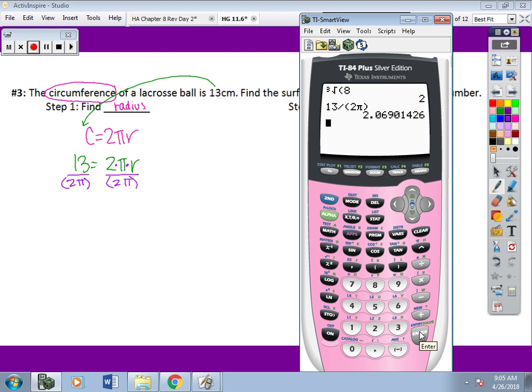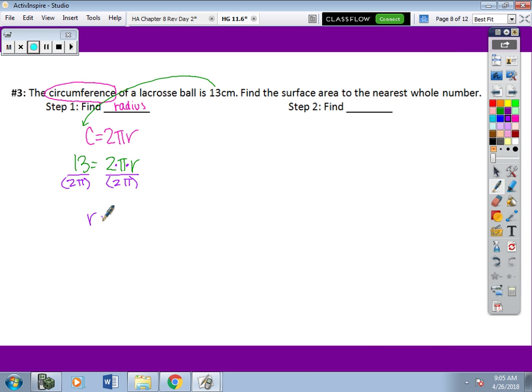Now, it's best to not round this number, right? Because we're going to use it in another calculation. So I'm going to leave that sit in my calculator for a minute, but I will write it out on my paper. 2.069, etc.